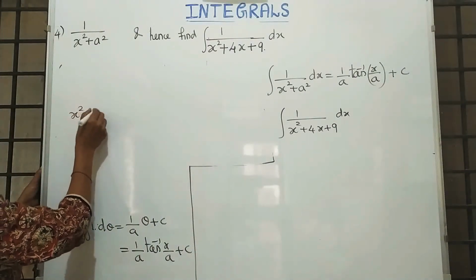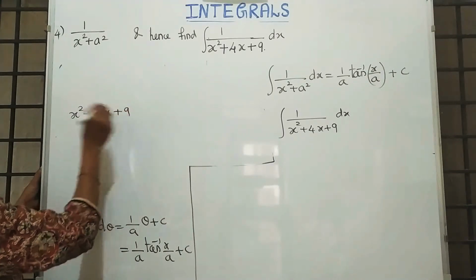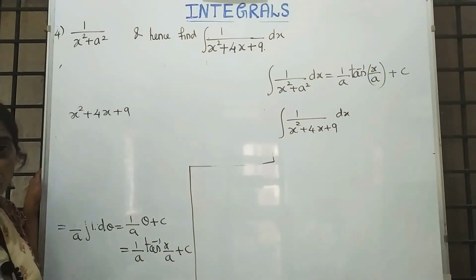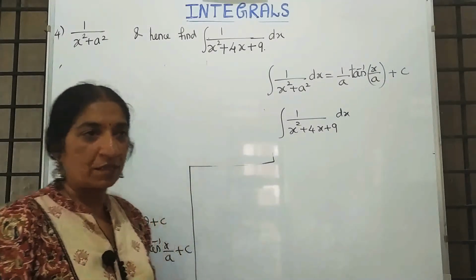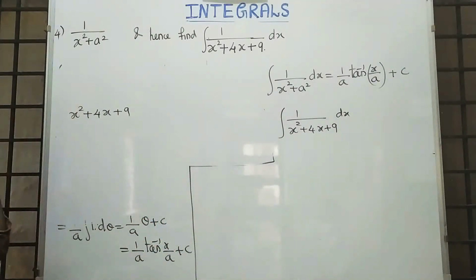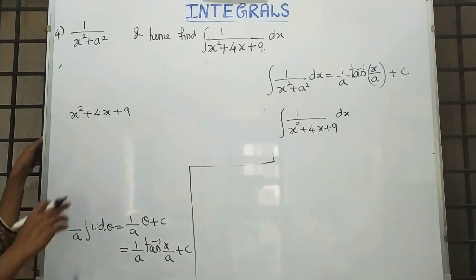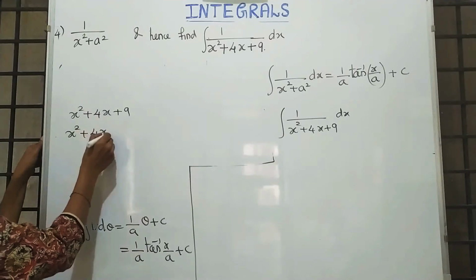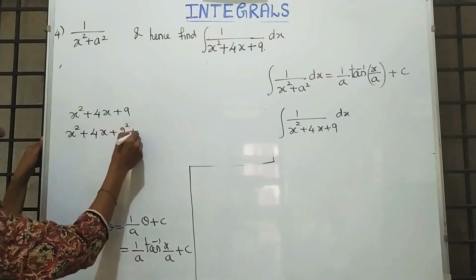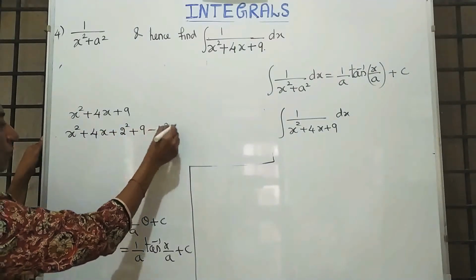X square plus 4x plus 9. First we have to see the coefficient of x square. If it is a plus, we have to move to the second step. Yes, here x square coefficient is plus 1. First step is over. X coefficient is 4. Half of that is 2. So plus 2 square plus 9 minus 2 square.